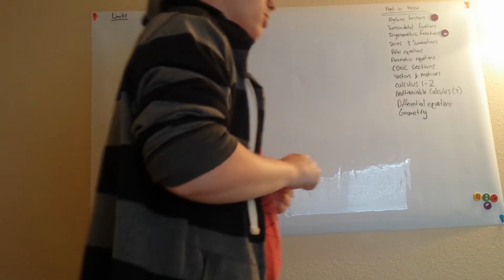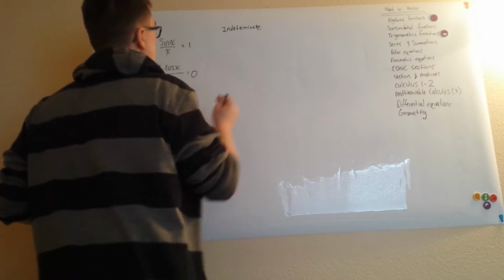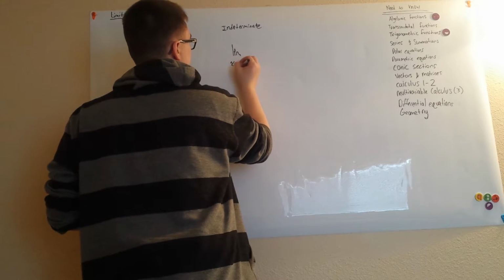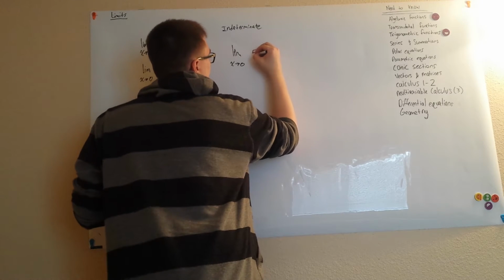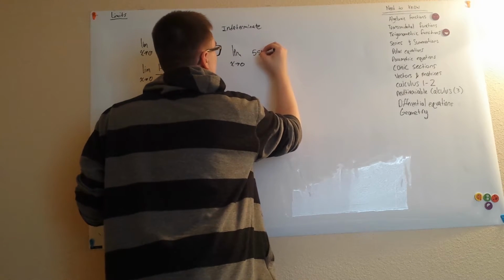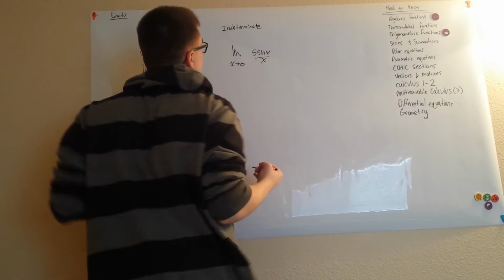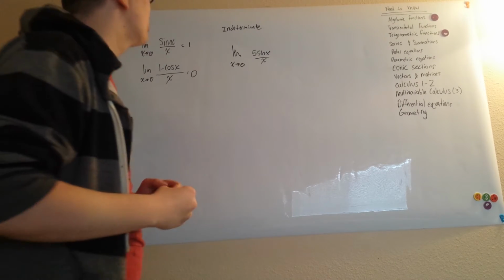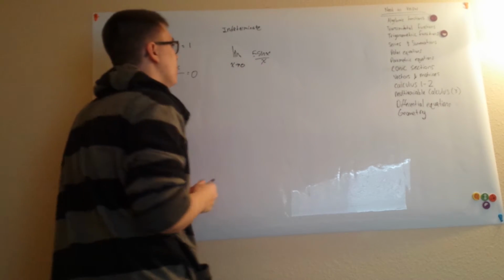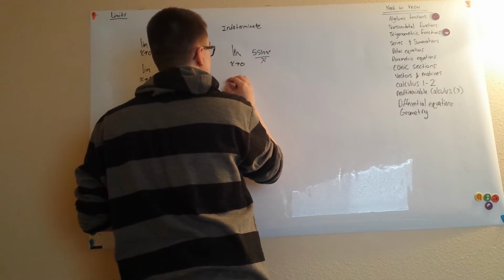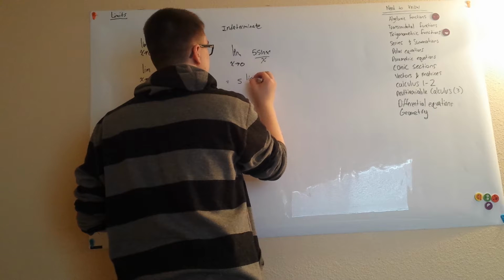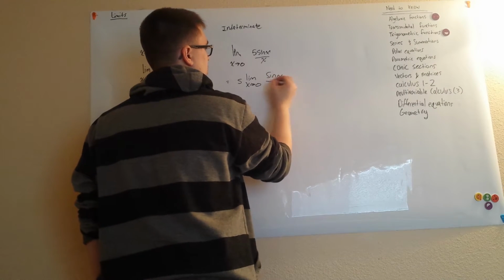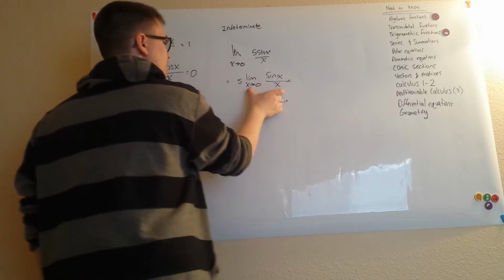So let's do some trig ones. Okay. What is the limit as x approaches 0 of 5 sine x over x? Remember the limit properties, we can take our constants out. So we can say this is just 5 times the limit as x approaches 0 of sine x over x. Wait a second, we know this.